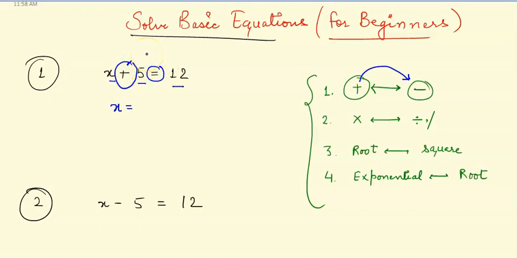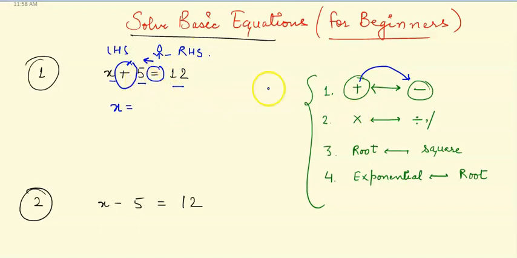Think that you are standing here, and this is your left hand and this is your right hand. Towards the left side of the equal to sign, we say left hand side, and the right side we say right hand side, right?